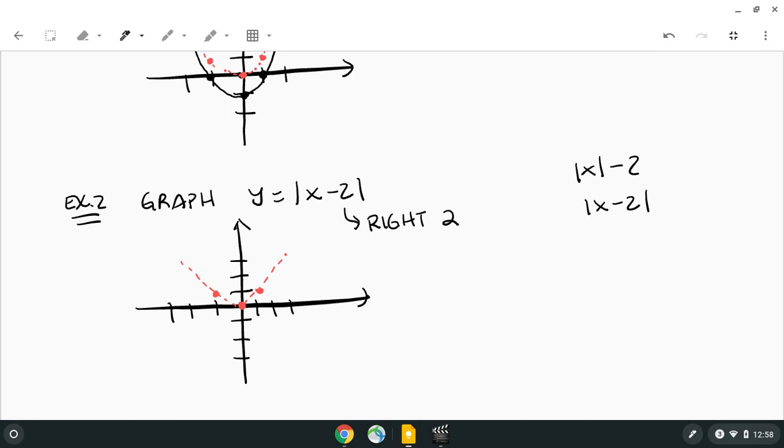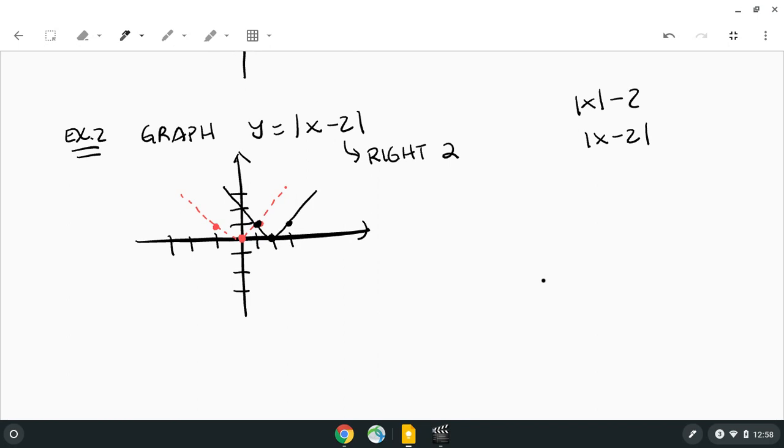So we get a point right here. This one at 0, 0 will go to the right 2. 1, 2. And then this one over here will go to the right 2. 1, 2. Okay, so this is now the absolute value graph that I want. It's the parent function, absolute value of x, shifted to the right 2.